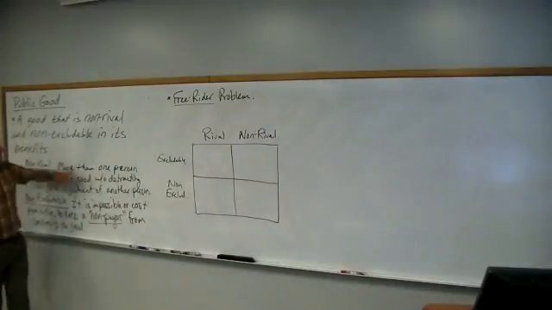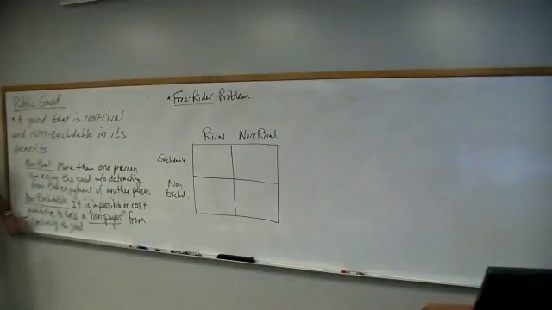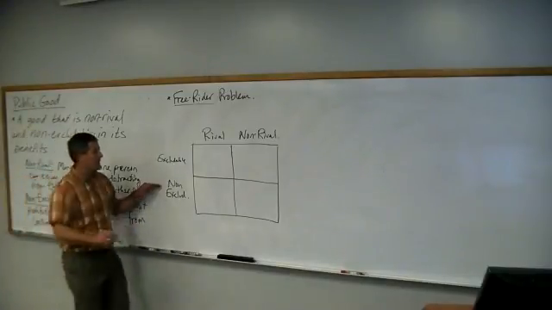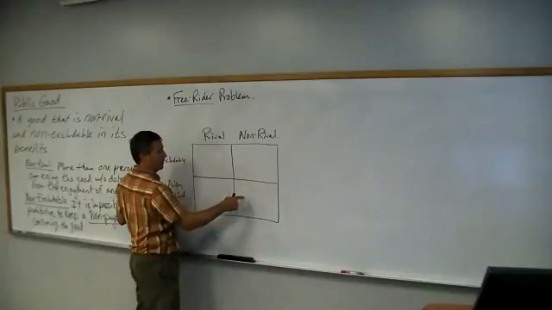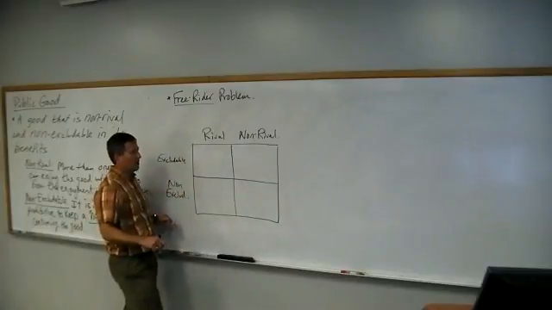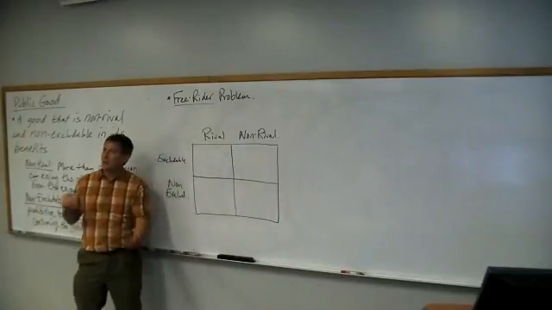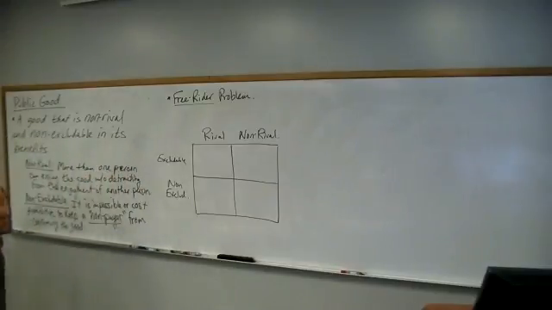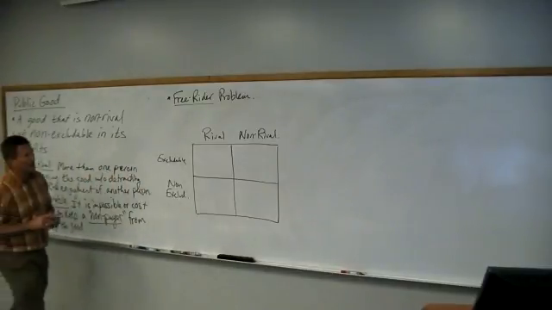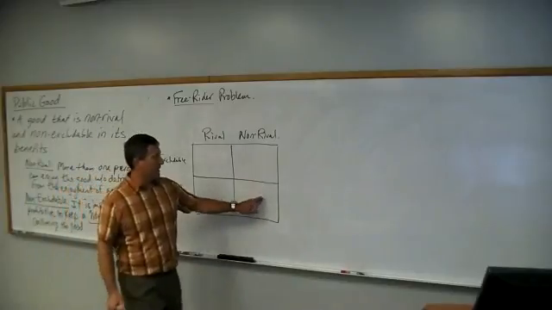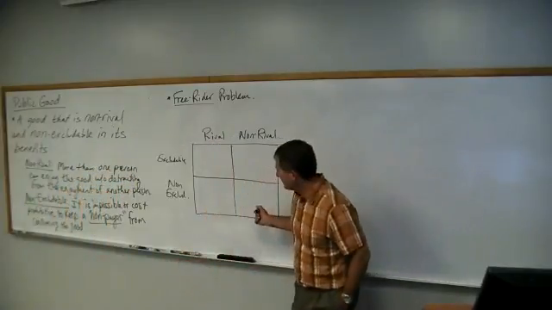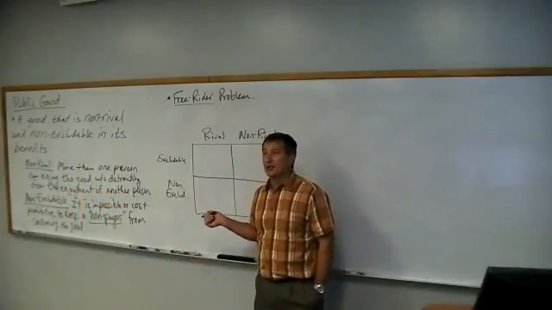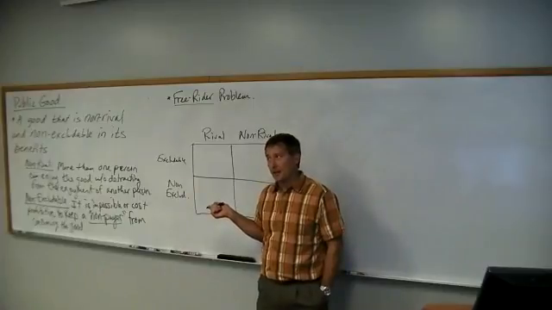So public goods fall into the category of non-rival and non-excludable, right? And some of those federally funded type things might fall into that category. A better example than even the national park might be national defense, right?